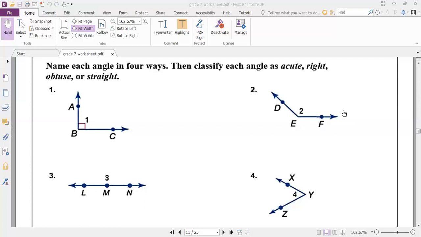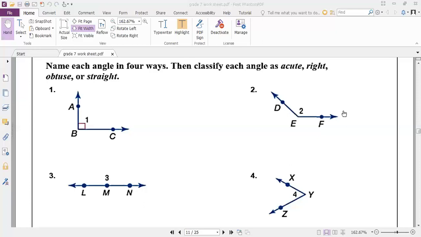If the measure of the angle is between 90 and 180, greater than 90 and less than 180, then this angle is an obtuse angle. The first one is a right angle because its measure is exactly 90.